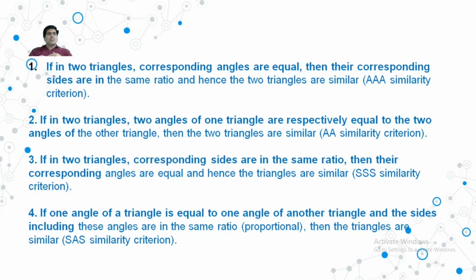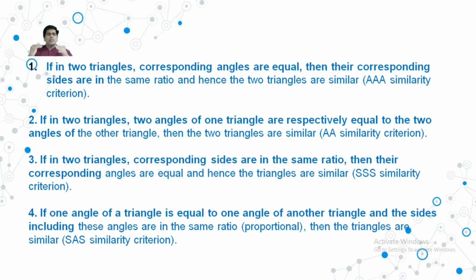What about the last criteria, the SAS similarity criterion? If one angle of a triangle is equal to one angle of another triangle and the sides including these angles are in the same ratio, that is proportional, then the triangles are similar.